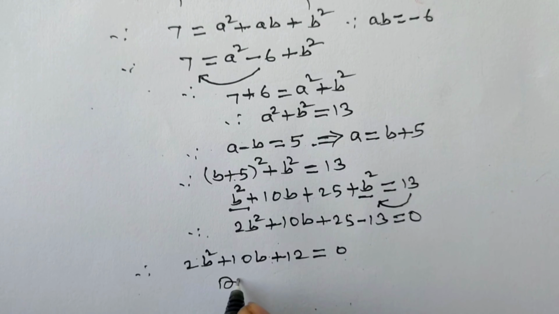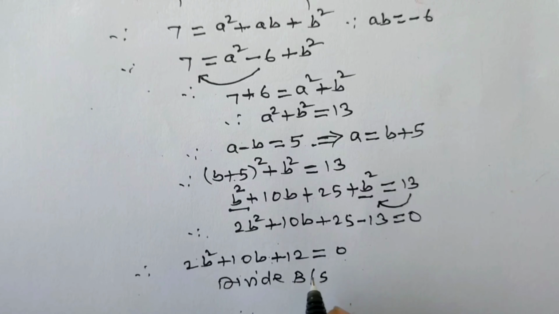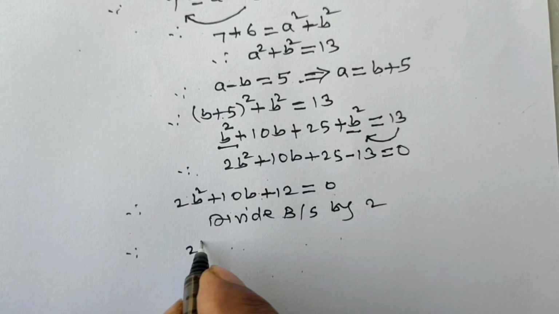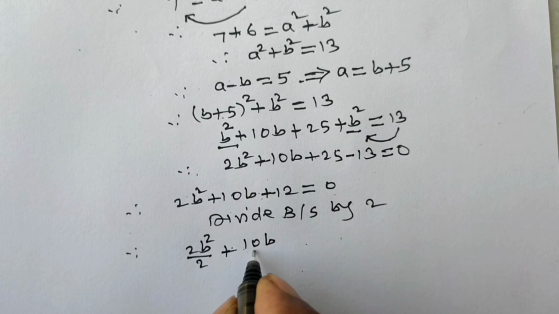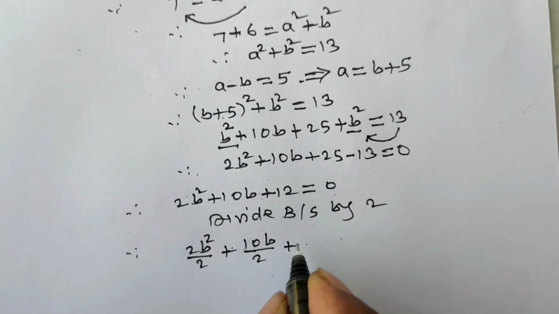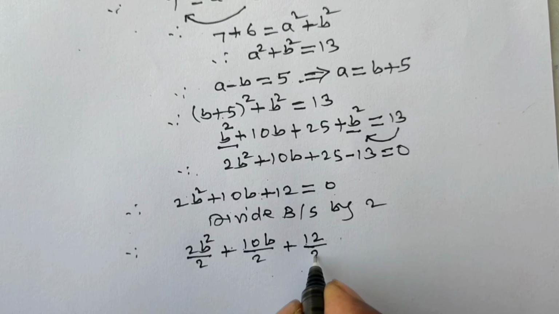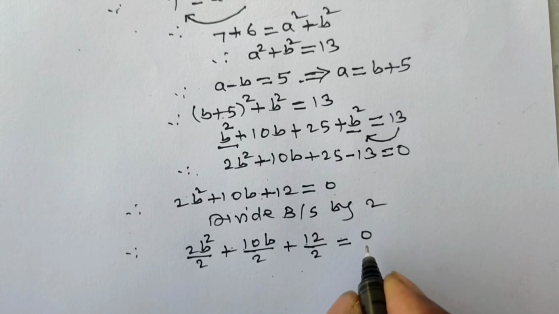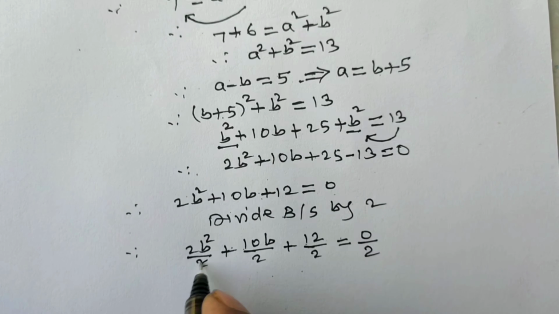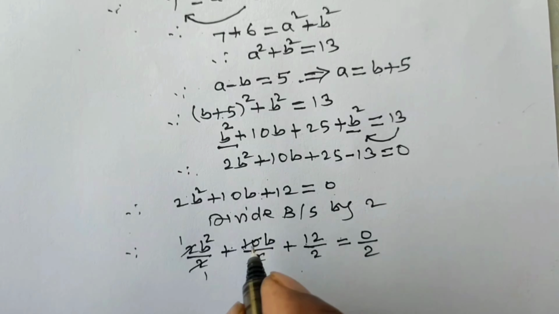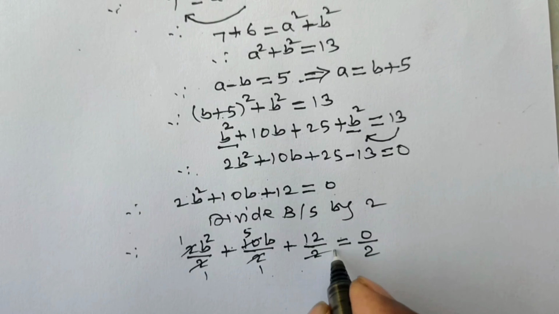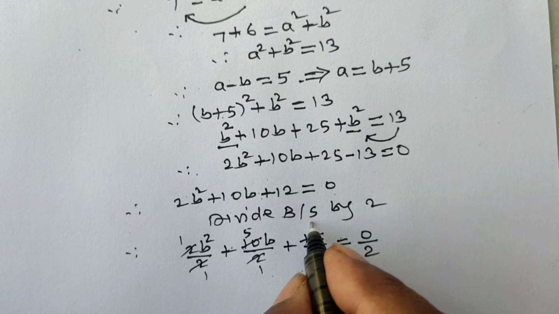Now divide both sides by 2. Hence 2b square upon 2 plus 10b upon 2 plus 12 upon 2 is equal to 0 upon 2. 2 gets cancelled. 2 1s are 2, 2 5s are 10, 2 6s are 12.